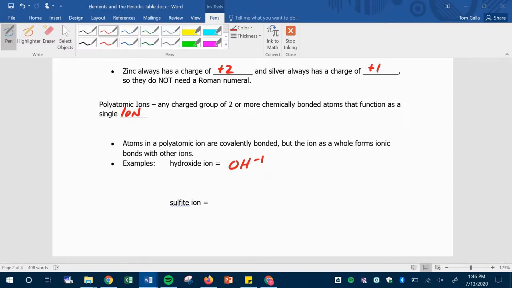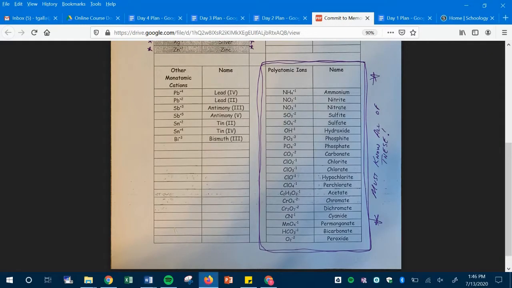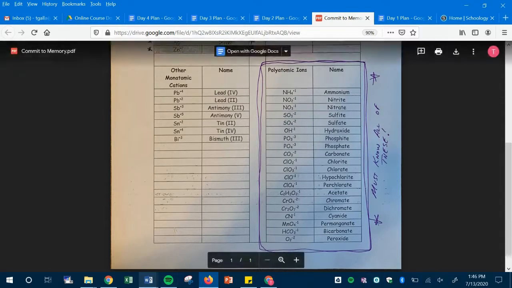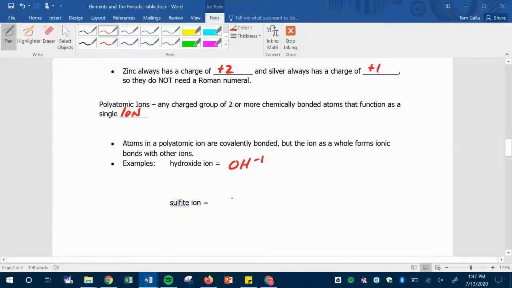Now let's look at another one: the sulfite ion. If we go back and look for the sulfite ion, let's look through our list. I think I passed it already. Oh, there it is, sulfite, SO3 minus 2. So that is SO3 minus 2.